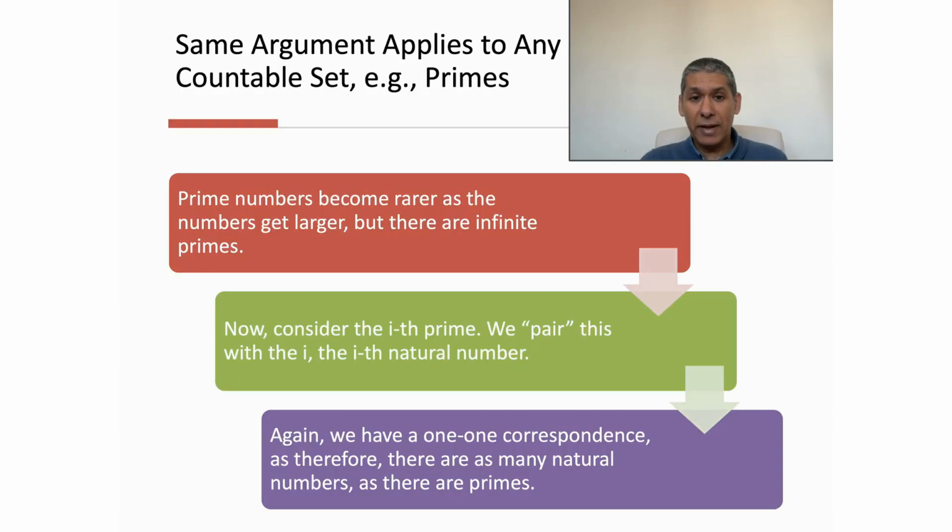Now let's consider the ith prime. We pair this ith prime with the ith natural number. Once again, every natural number has a corresponding prime number, and every prime number has a corresponding natural number. Therefore, again, we have a one-to-one correspondence, and therefore there are as many natural numbers as there are prime numbers.